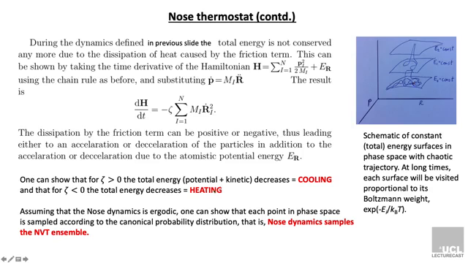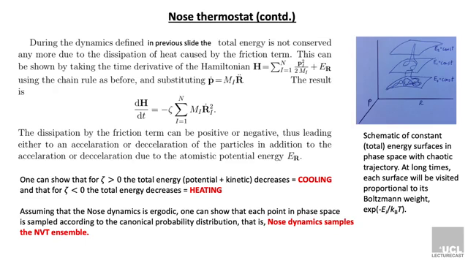One can show that if theta is larger than 0, the total energy, potential and kinetic, decreases. That would correspond to cooling. And if theta is smaller than 0, the total energy increases. That would correspond to a heating of the system.